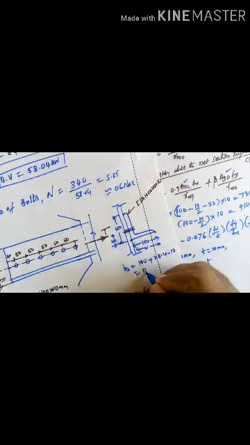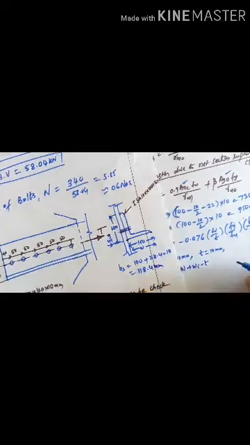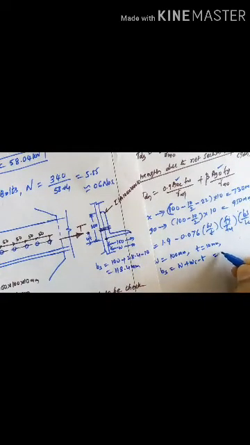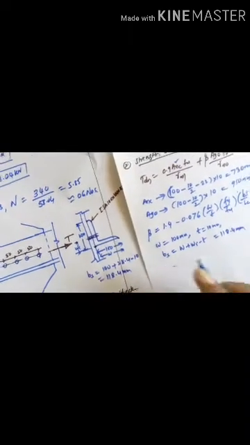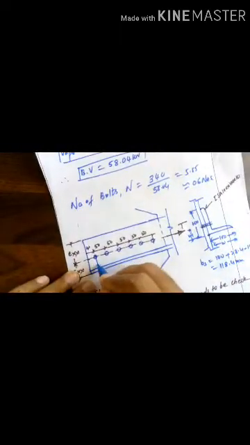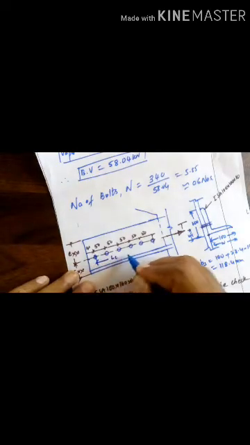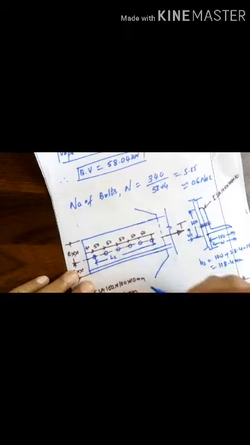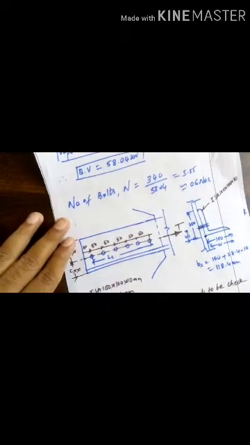So you'll get 118.4 mm. This is this. Then LC will be this one. LC will be from the first bolt hole center to the last bolt hole center.